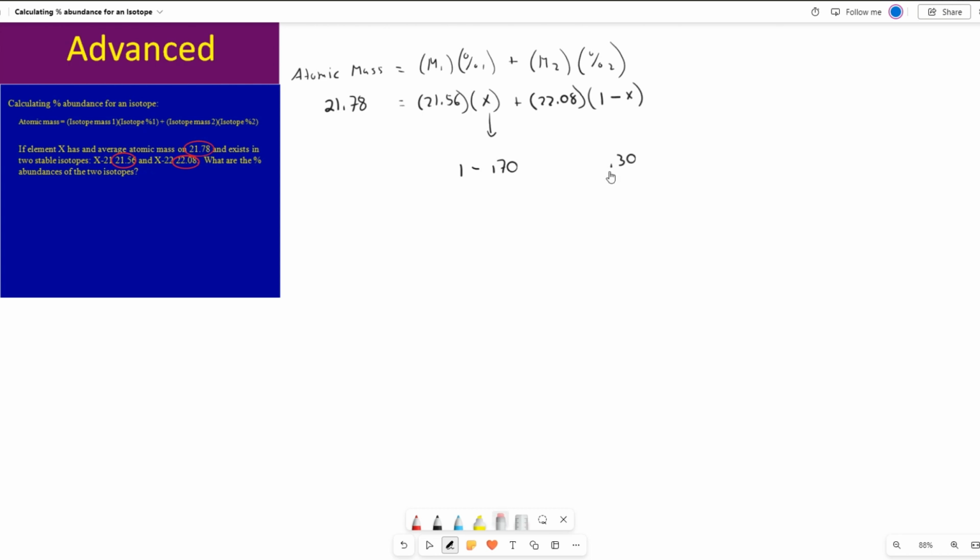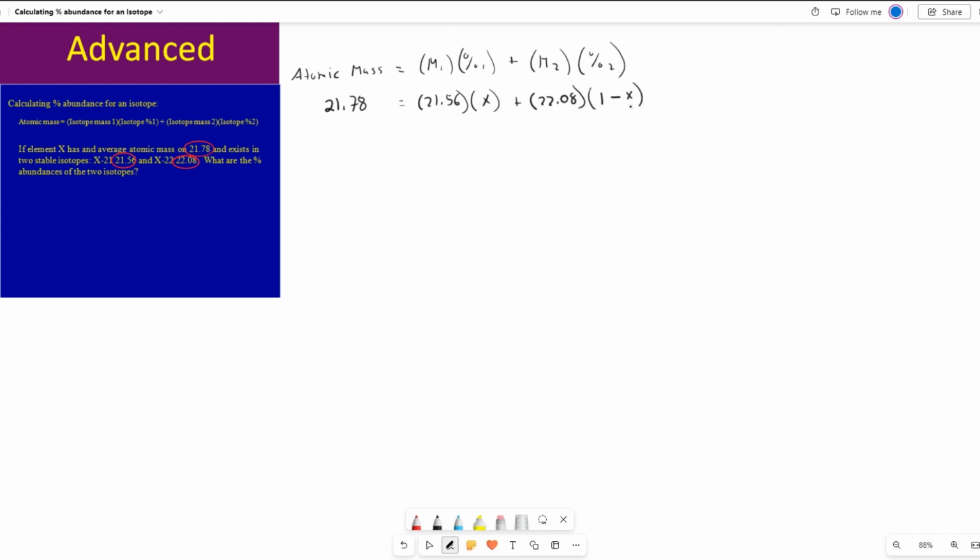So now that we have our equation written out, we have one equation here, and we only have one unknown, which is x, we can then just solve the equation. So the rest of this problem is mostly just algebra. The first thing that we can do is distribute the 22.08 to the 1 and to the x.